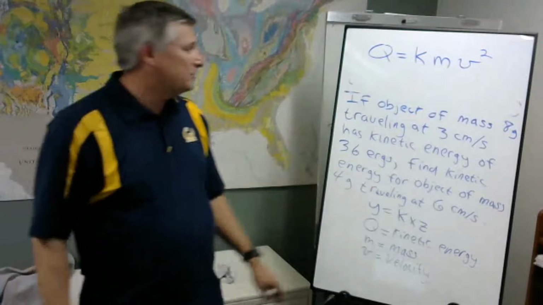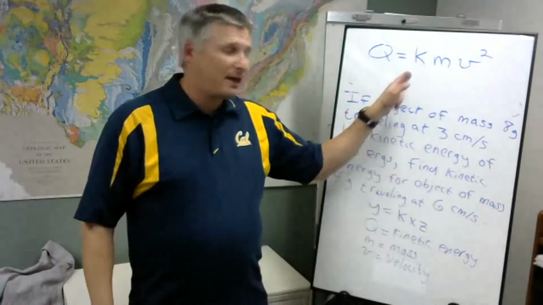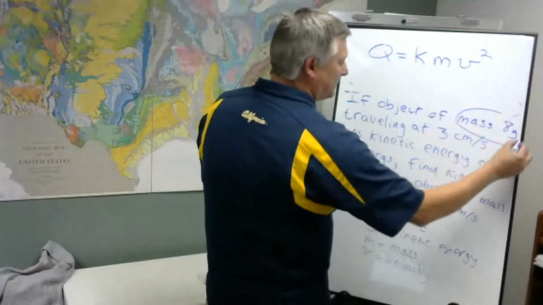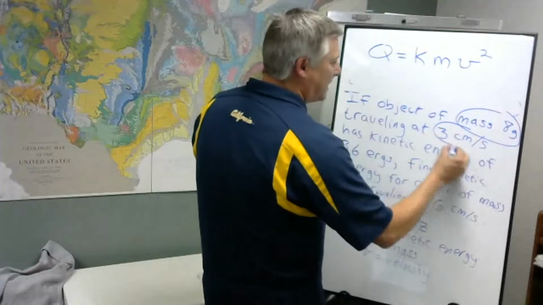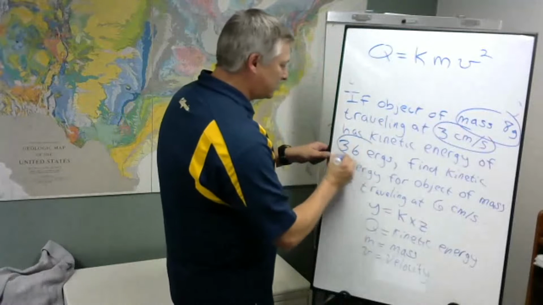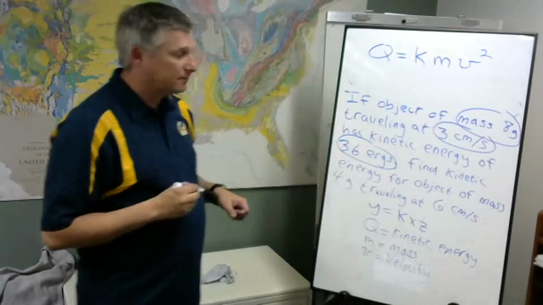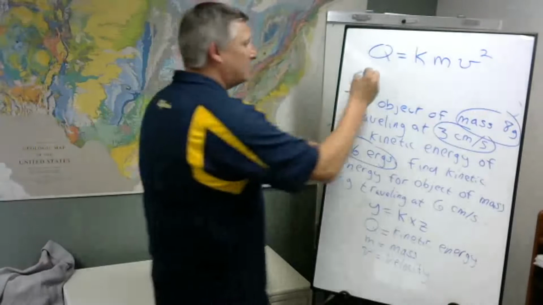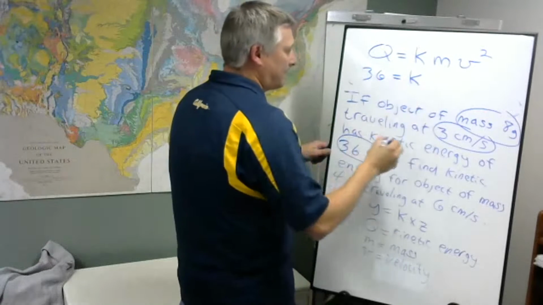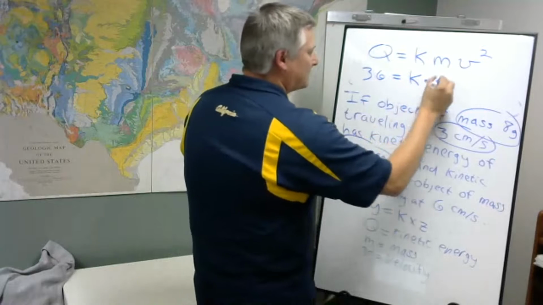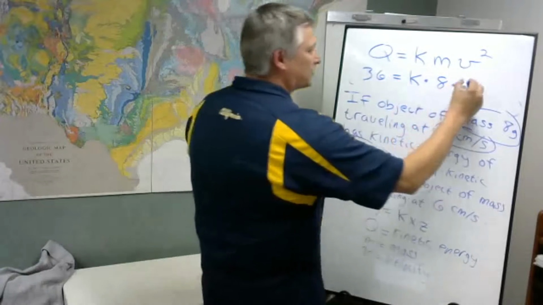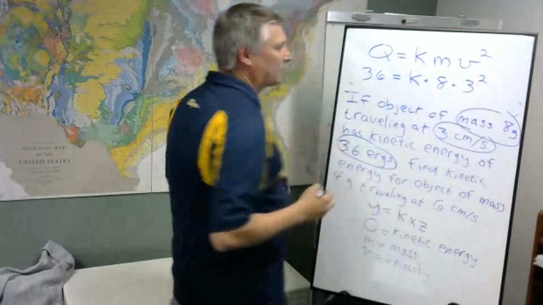So what we need to do is use information to find K. Now we have a mass of 8 grams with a velocity of 3 centimeters per second, and we get a kinetic energy of 36 ergs. So that means 36 is constant K times that mass of 8 times the velocity of 3, but we're going to square it. 3 squared.